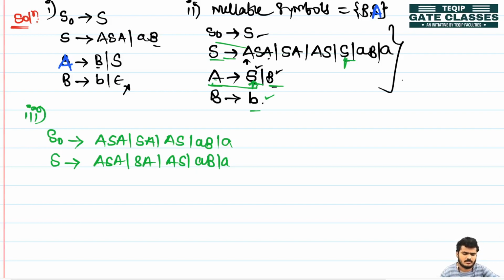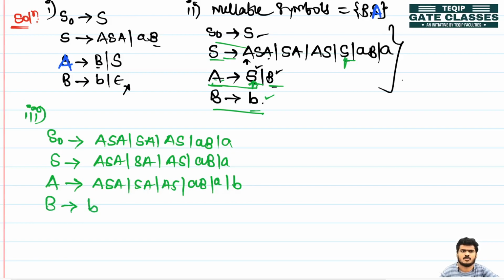These are the productions after replacing this S. Then next, A is producing capital S, so again I will repeat these productions: ASA, SA, AS, AB, and this A. A is producing capital B, so instead of that B, I will use this production, so small b. And finally, B is producing small b. So we got these many productions after the removal of unit productions.